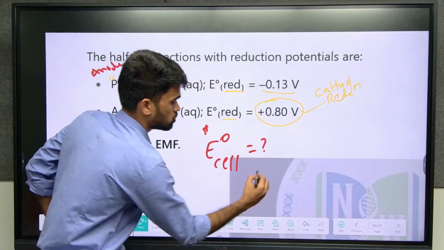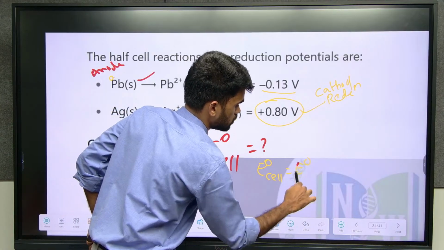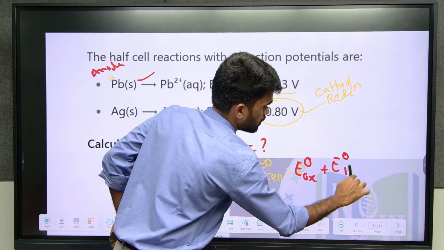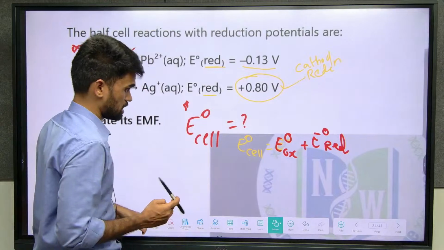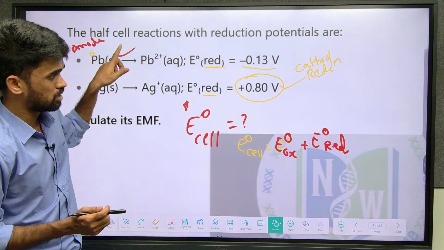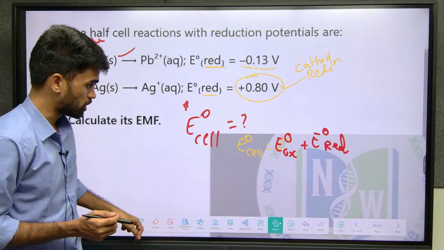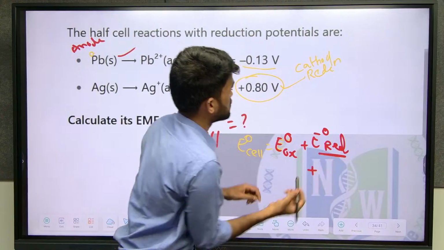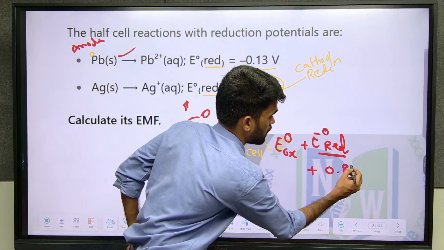So now what should I say? E0 cell equals E0 oxidation potential plus E0 reduction potential. Did they give an oxidation potential here? Both of them are reduction potentials. So first, in the cathode reduction, where is the cathode here? This one. So you take this as 0.80.